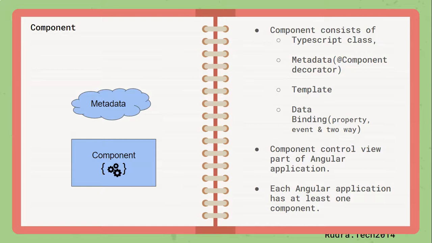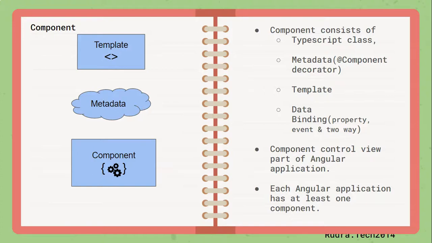This will annotate the class with metadata and adds more information about the class. Then comes the template. The template will contain the HTML part of the component that is visible to the users or viewed by the users.